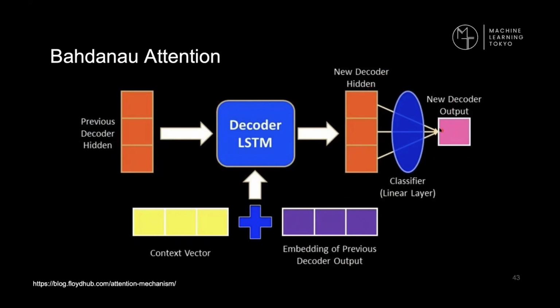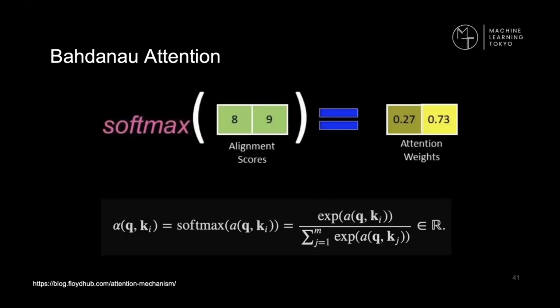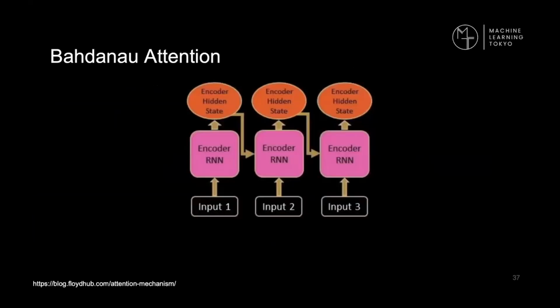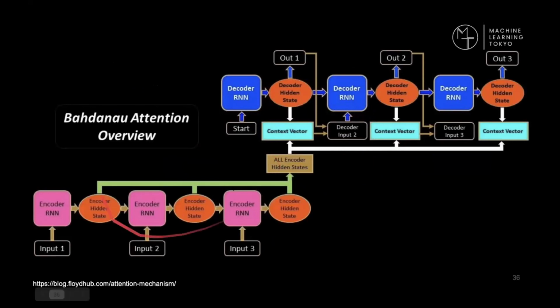I'm going to go over it one more time, just to make it clear. This is our workflow. You start with your encoder. You take all the hidden encoder states, and then you have a hidden state from your decoder. You use that as your key and query pair. You generate some weights, and you use those weights to create a context out of all these hidden states.